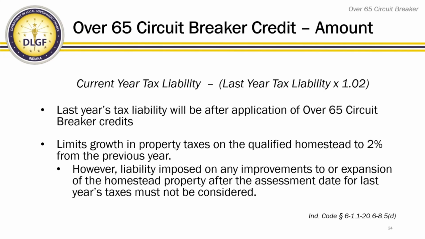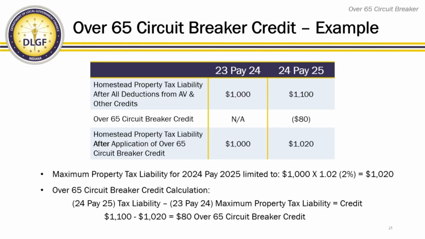As the next slide will illustrate, say a taxpayer's liability in pay 24 was $1,000. The next year, without the circuit breaker, let's say the taxes would be $1,100. So it would be a $100 increase.